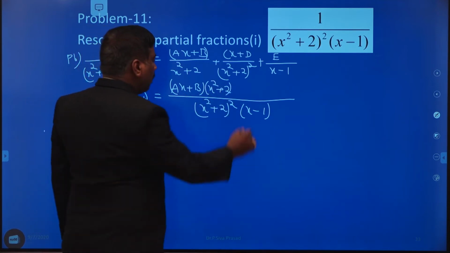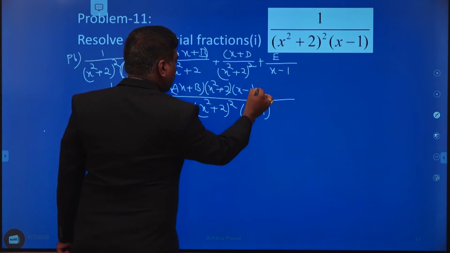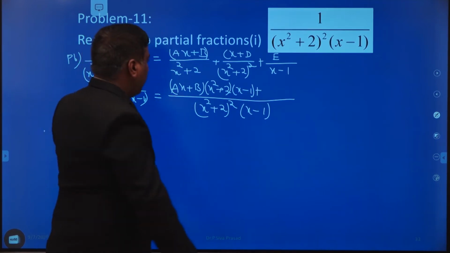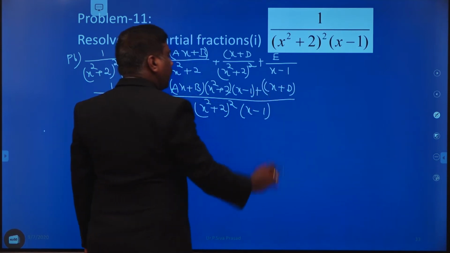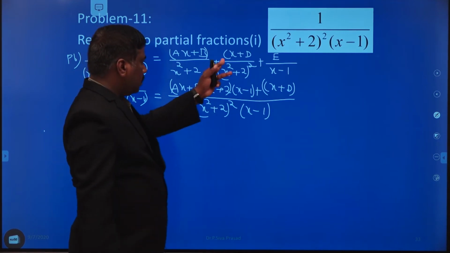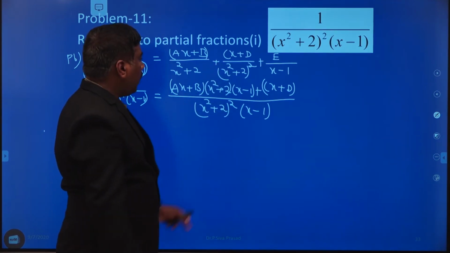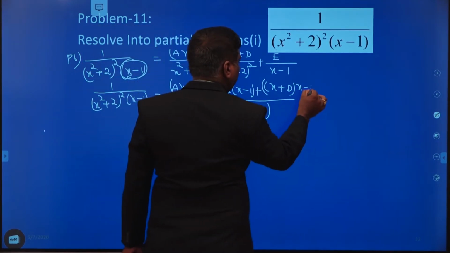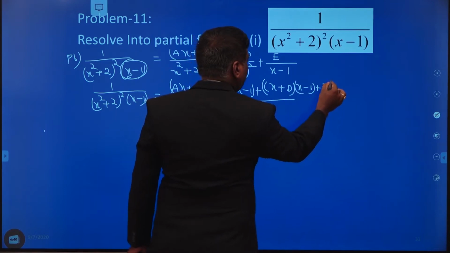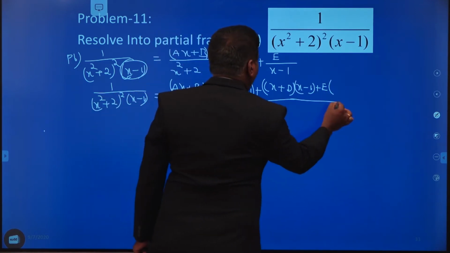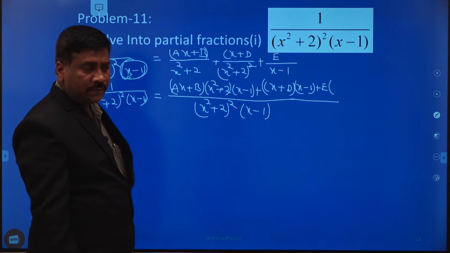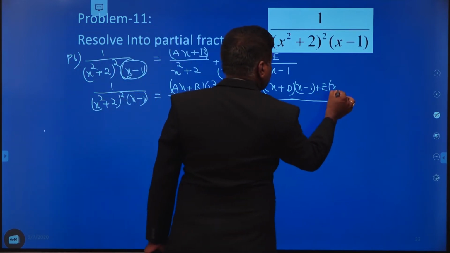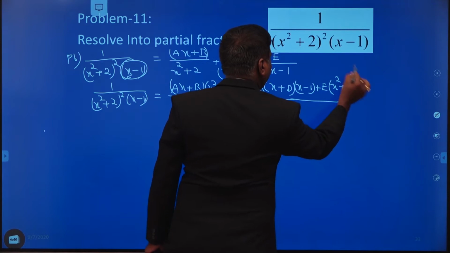This is the LCM factor into x minus 1, plus, again, cx plus d into x square plus 2 whole square in the denominator. The LCM factor will be x minus 1, plus e into x square plus 2 whole square. When the denominator is x square plus 2 whole square into x minus 1, divided by x minus 1, the LCM factor is x square plus 2 whole square.